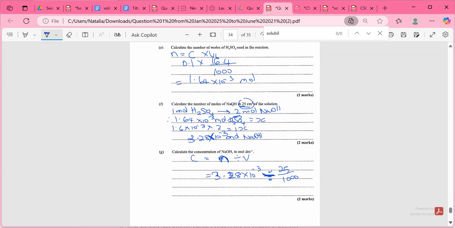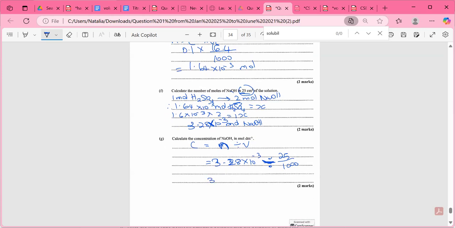This is primary school math: we keep the number, change the sign, and flip. So times 1000 divided by 25, and I get 0.1312.